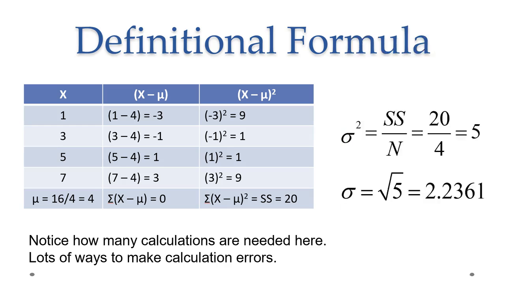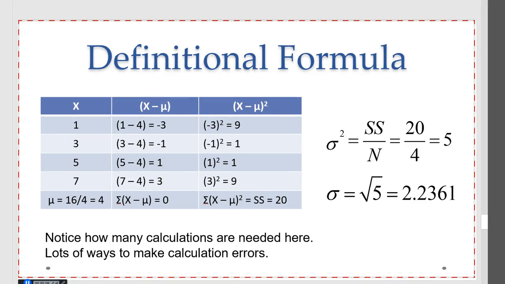So let's take a simple example and work through the steps of the definitional formula. Suppose you have a population with 4 numbers: 1, 3, 5, and 7.